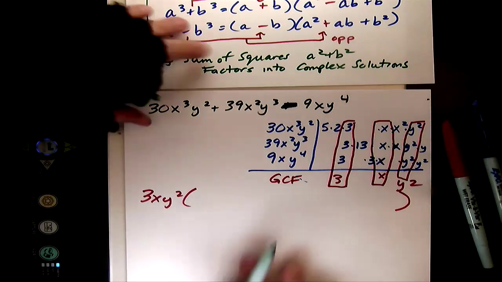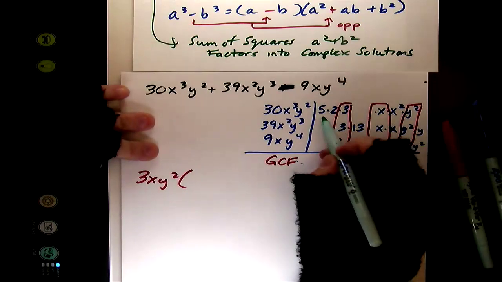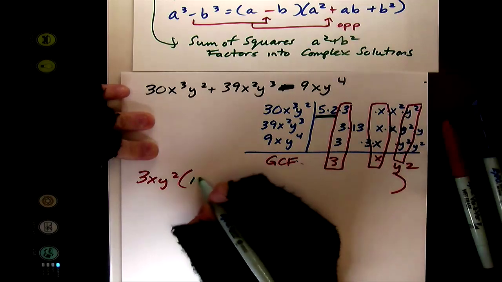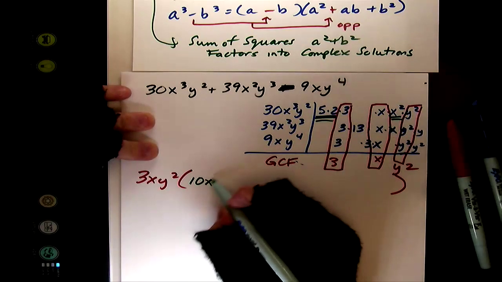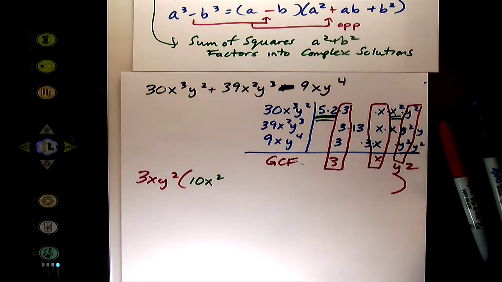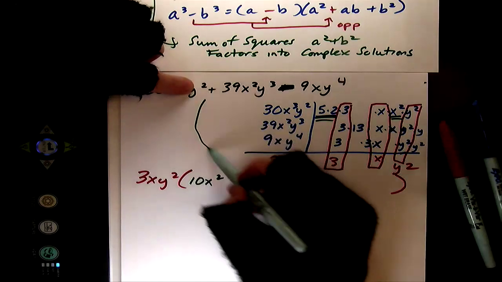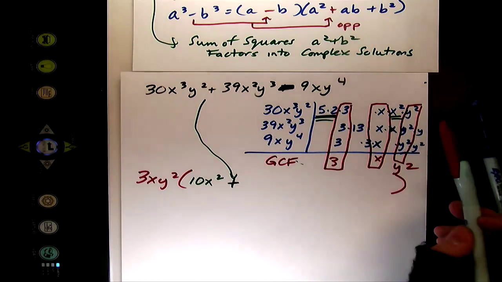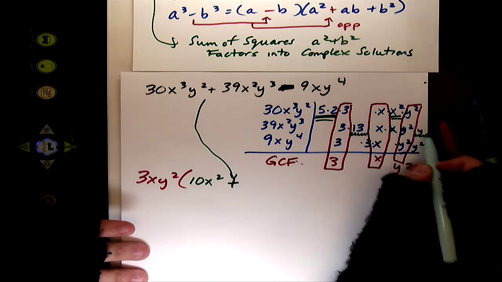Then what I have left over is, if you've done the table, everything that isn't in a column. So 5 times 2 is 10. And then I have an x squared, so 10x squared. Then the plus sign comes down. And this one has a 13 and a y left over.